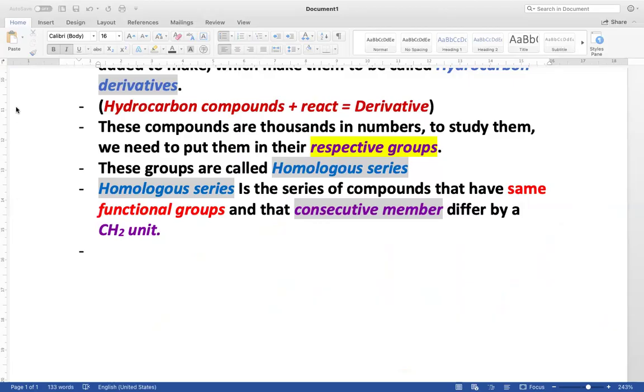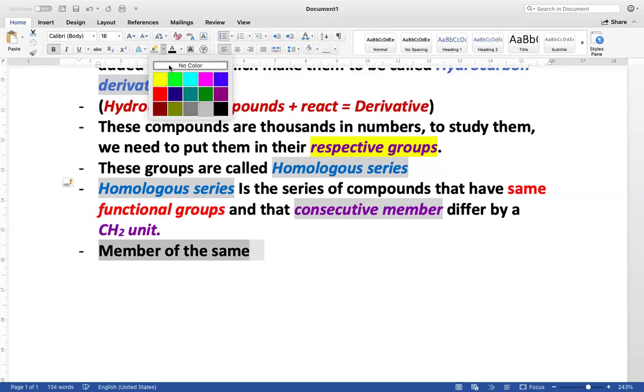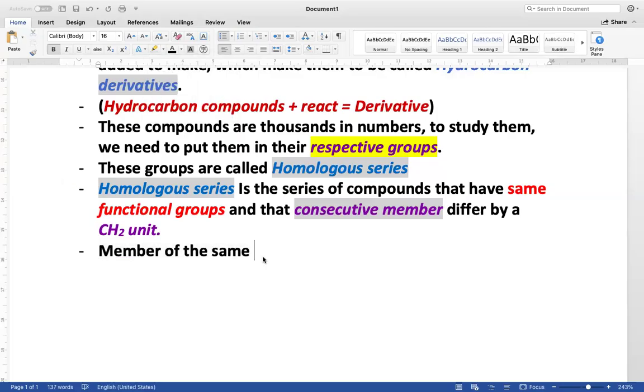Now, what other information can you get from the compounds that are found within the same homologous series? The other information we can find is this. We can say that members of the same family. Now, I don't want you to generalize. Remember, different families have different child spacing.